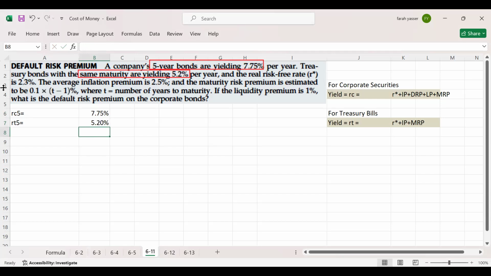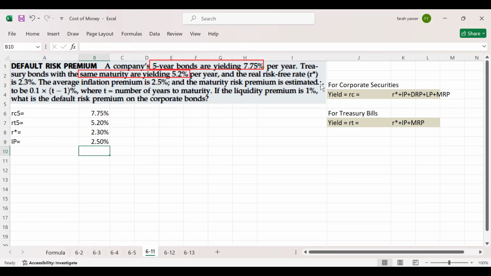Then the real risk-free rate of return, R star, is given, which is 2.3%. Then the average inflation premium, IP, is given, which is 2.5%. And then the maturity risk premium.